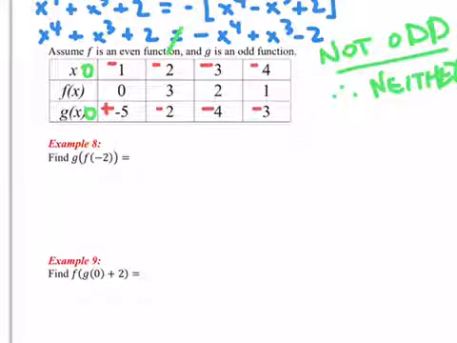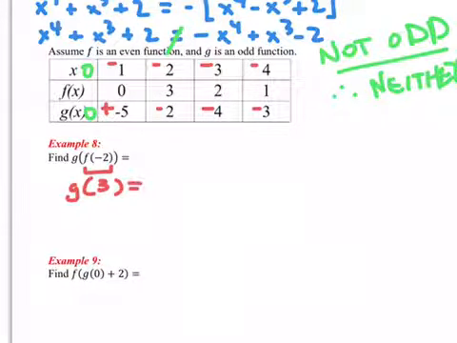The other thing is that with odd functions, they have origin symmetry. Therefore, g of 0 will equal 0. Okay, so let's evaluate the following, for example, 8 and 9. So f of negative 2, what we know is that f of negative 2 is the same as f of positive 2. So f of negative 2 is actually 3.